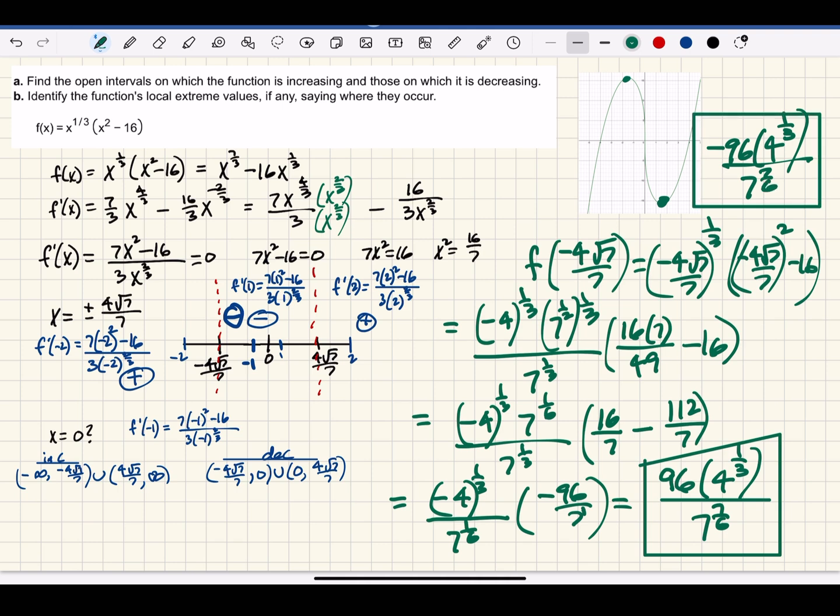So these are our relative minimum value and our relative maximum value. The answer to the question where they occur would be given by the x value of these points. That would be the critical values that we found, negative 4 times the square root of 7 over 7, and positive 4 times the square root of 7 over 7.